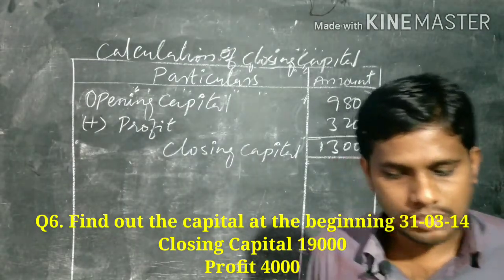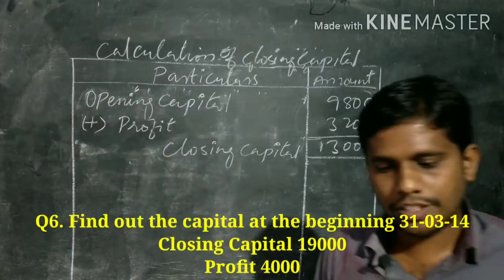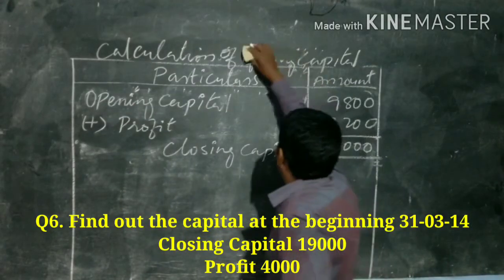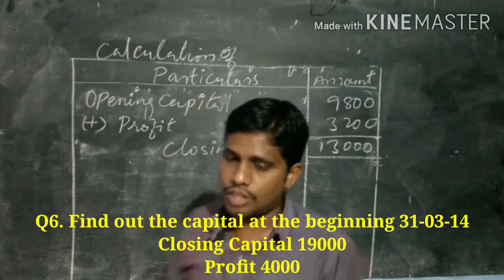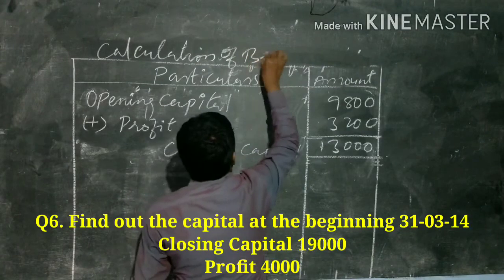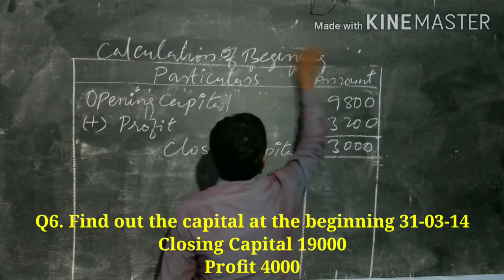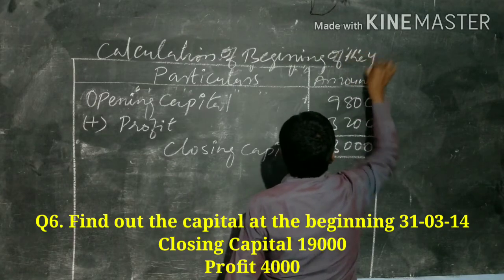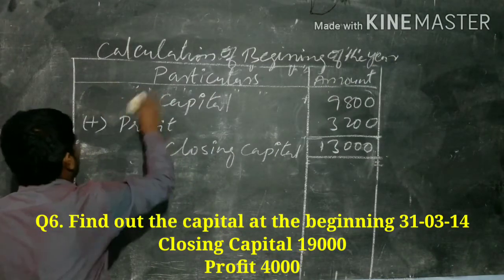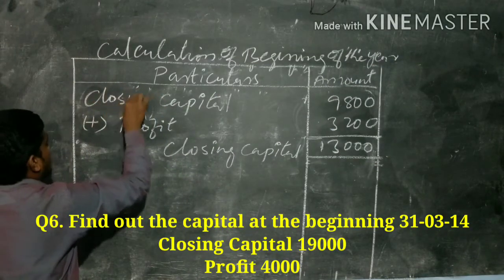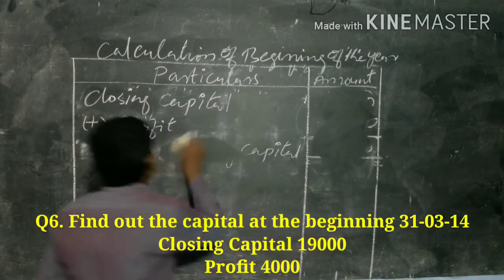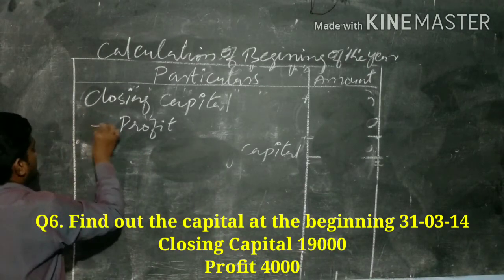It means if loss is given, we need to add. If profit is given, we need to deduct it. If profit is given, what do we do here? We deduct it. In the same format, you need to find out the calculation of capital at the beginning of the year. Closing capital is given, and profit is given.